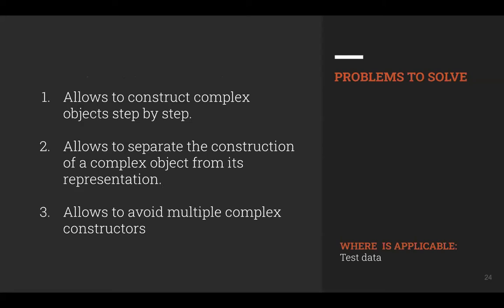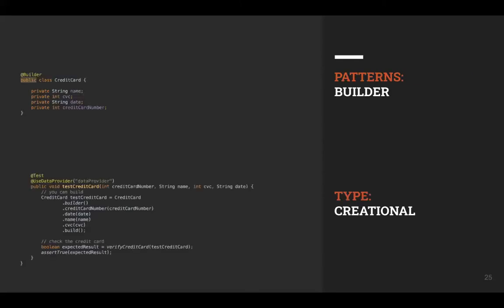It can be just a data object with a lot of fields and different combinations of constructors. And it can be a pain to create instances of this object with different sets of data. So that's why people came up with this approach, it's called Builder.